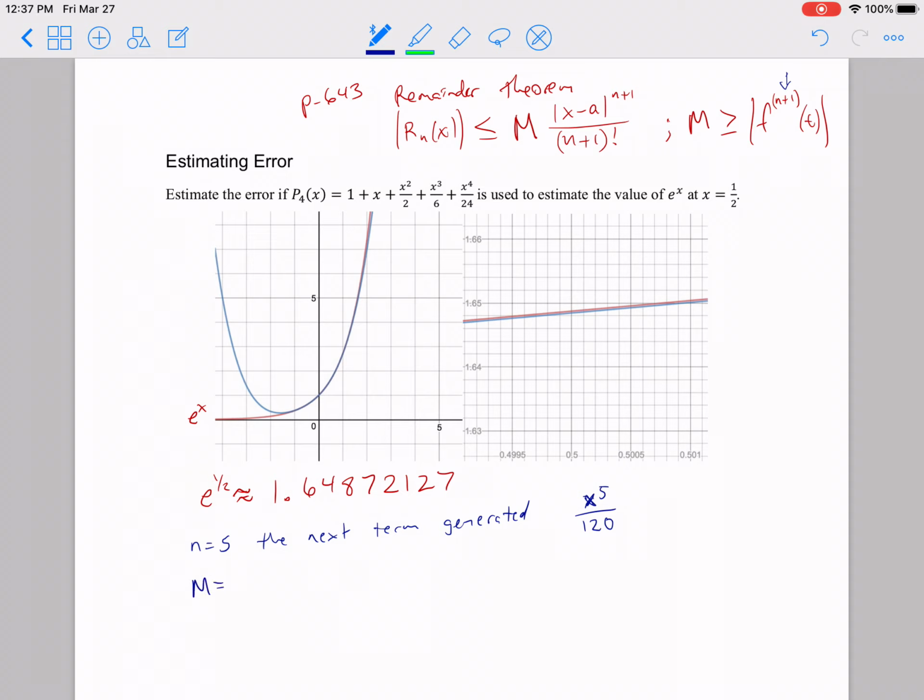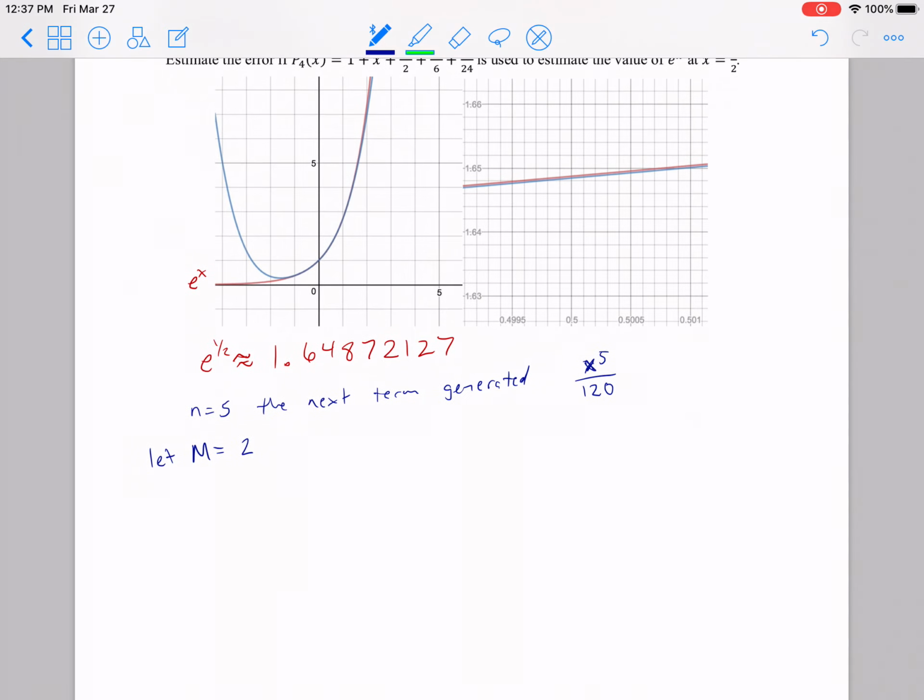I could probably come up with a better one than that, but that way I at least know I'm going to be within the error. Since e to the 1/2 is actually going to be its maximum, I could do something like 1.7 if I wanted, or 1.65, but I'm just trying to keep it simple. I'm going to pick 2.